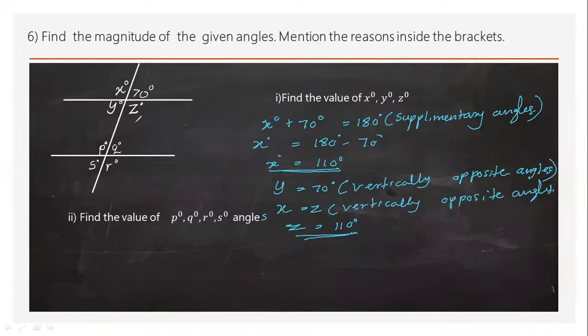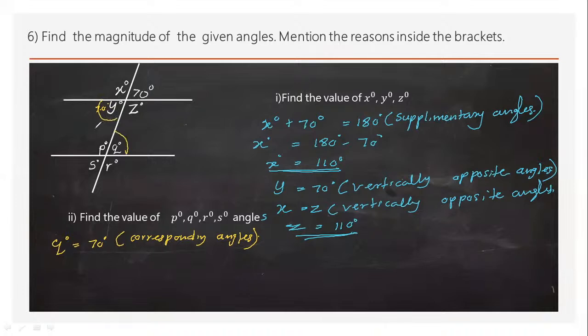Now look here, we have learned in our angle lesson, x equals p, corresponding. q equals 70, they are corresponding angles. And we got the value for y, 70. If y is 70, this y and q are equal.